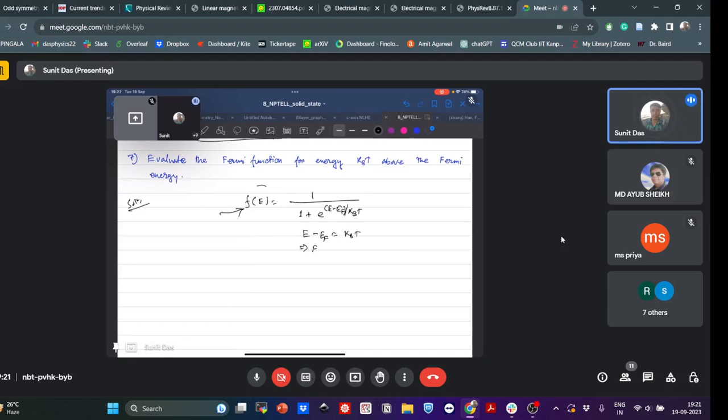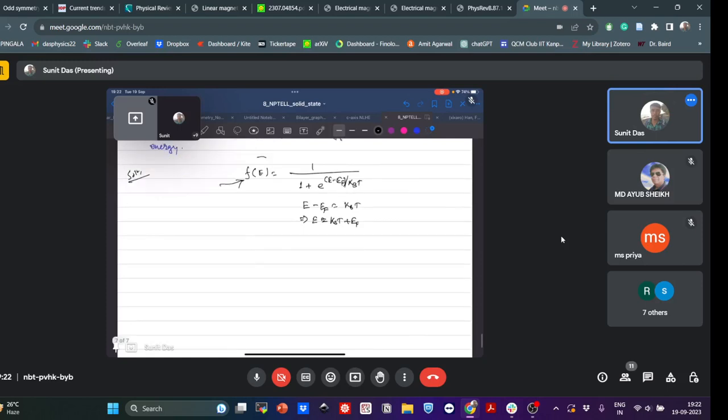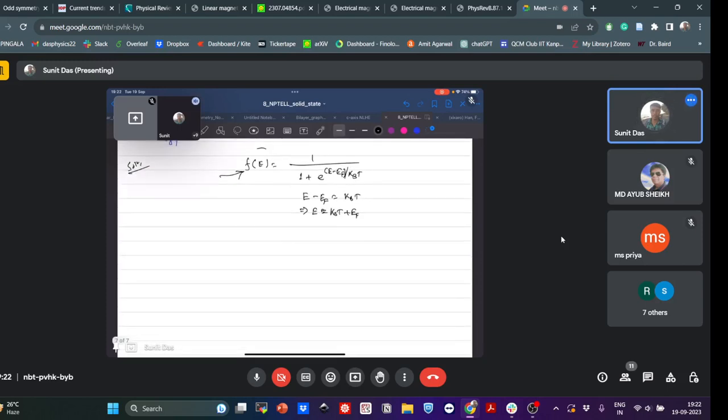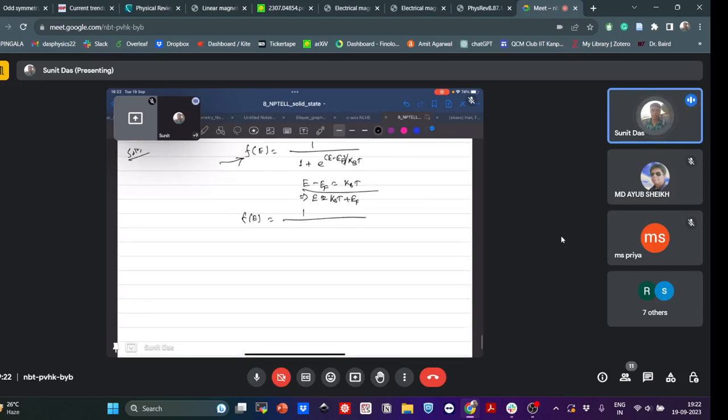Only then E will be kBT plus EF. So at this energy, F of E will be, with E minus EF equal to kBT, 1 by 1 plus e.